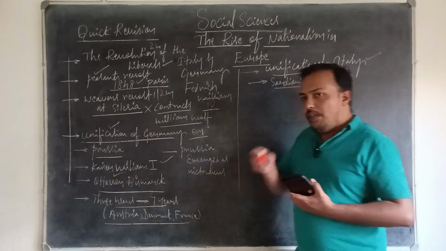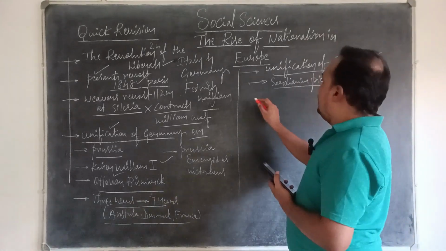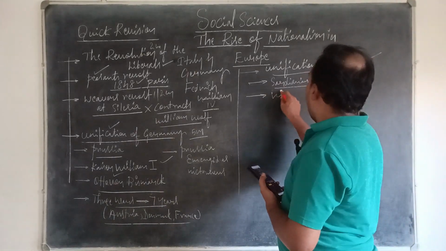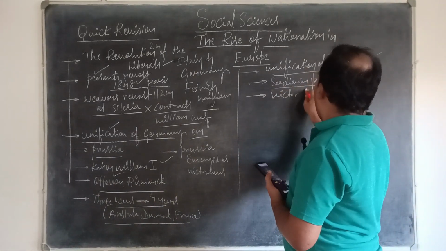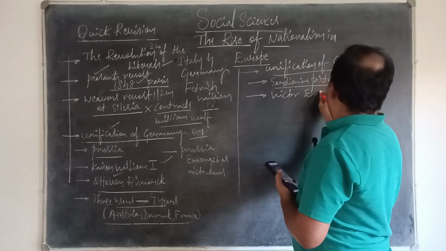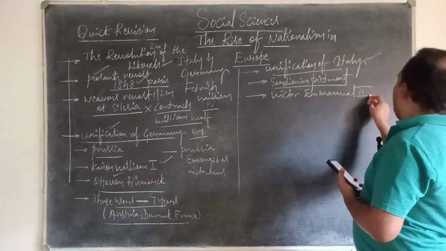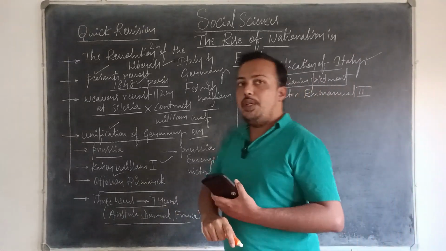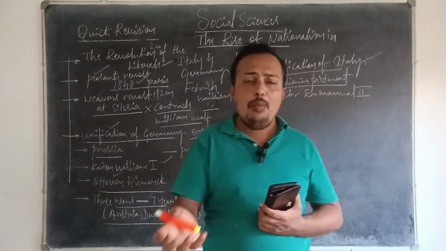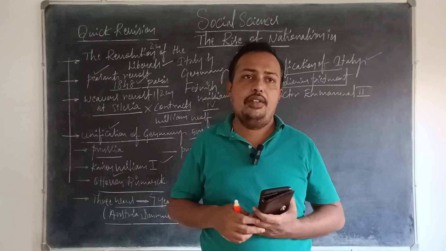So here the important name is Victor Emmanuel II. He was the king of Sardinian Piedmont during the process of unification of Italy.